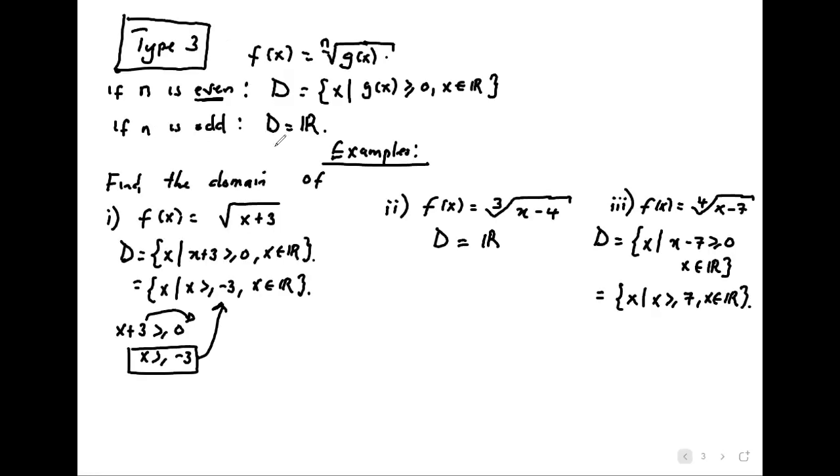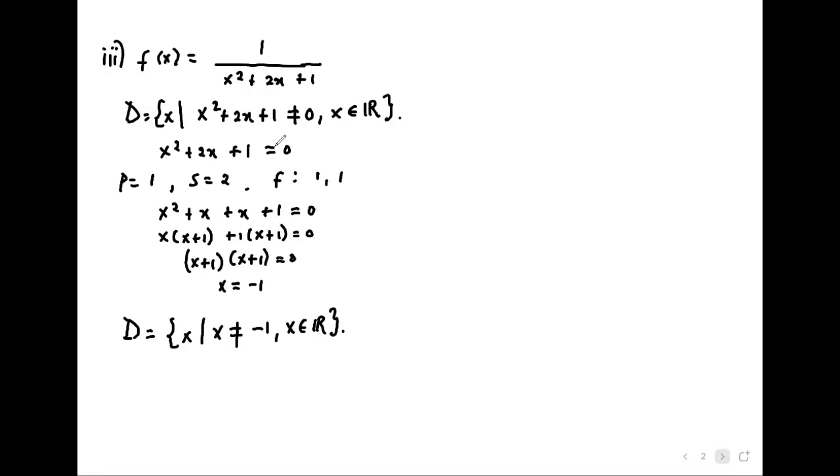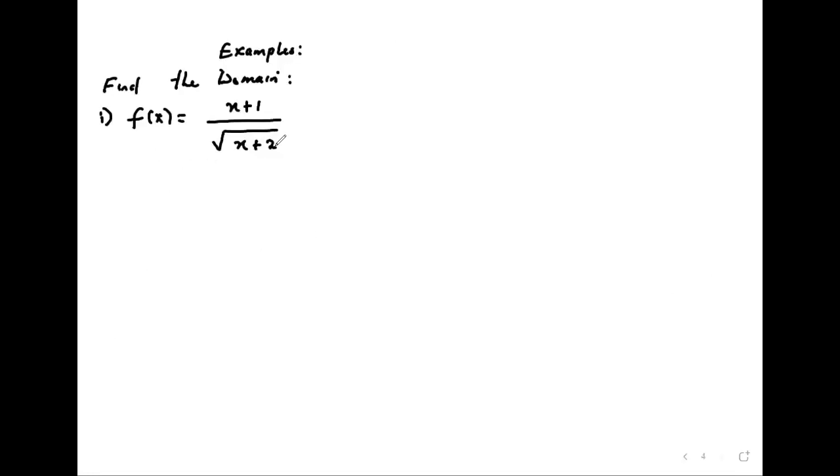Remember, we have two conditions. For this type, the inside of the root must be greater or equal to 0. For this type, the denominator should never be 0. Now we have a combined one. 2, f of x is equal to the root of x minus 3 over x plus 1. Another type.